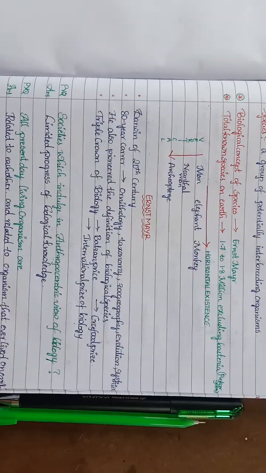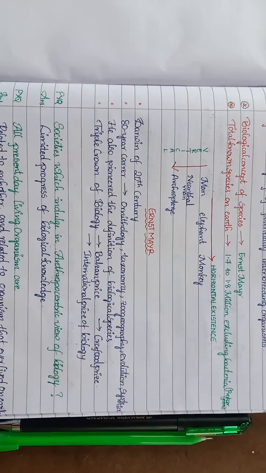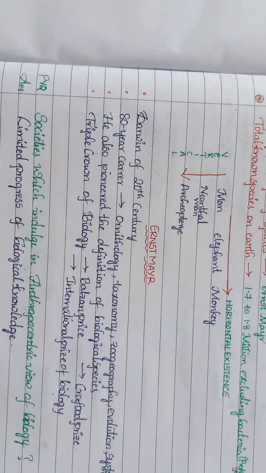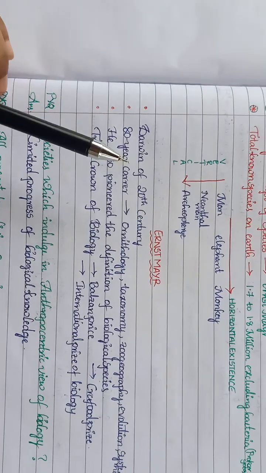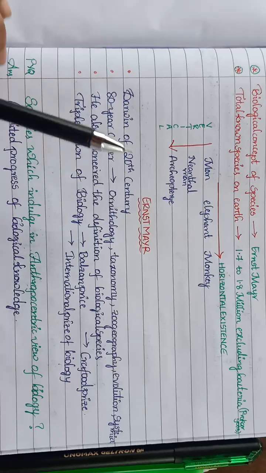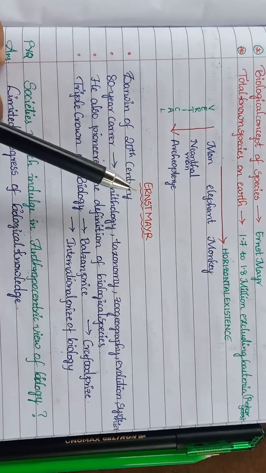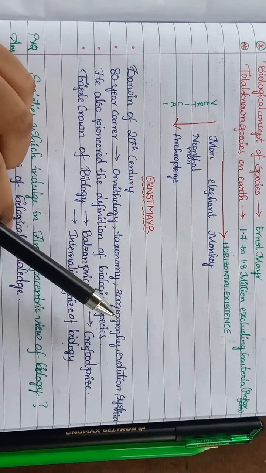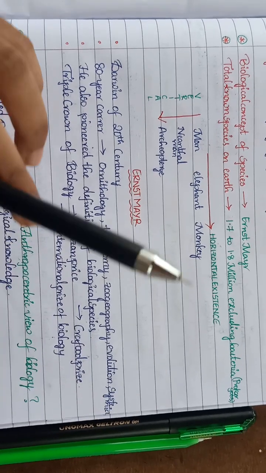Now in this chapter we'll discuss this famous scientist, Ernest Mayr. The important points are he is also known as the Darwin of the 20th century, and he lived up to 100 years with nearly 80 years of career based on ornithology, taxonomy, geography and evolutionary systematics.